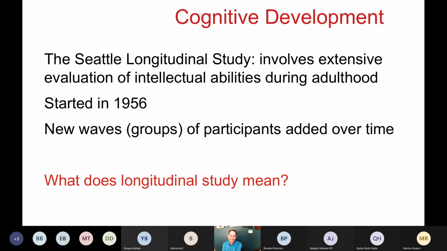this question. So a longitudinal study, again, is you take a group of people and you follow them for a long period of time. Like other samples and other research methods in the science of psychology, the bigger and more diverse your sample is, the better your answers will be, and generally the more generalizable.